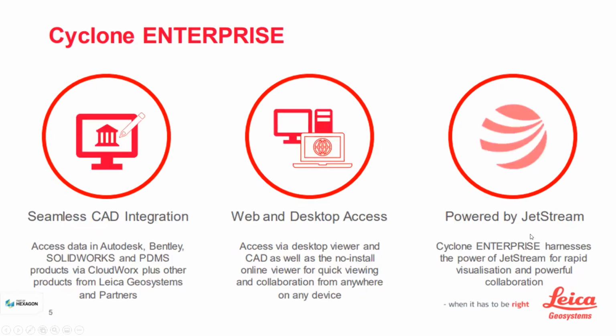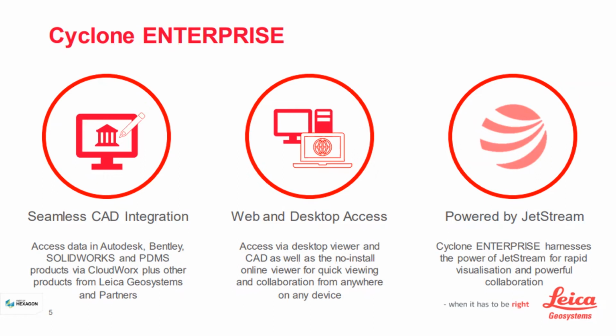Some highlights here. It's all about workflow efficiency, getting seamless CAD integration through CloudWorks plugins, whether that be through your Autodesk products, Bentley products, SolidWorks, or whatever CloudWorks can plug into.